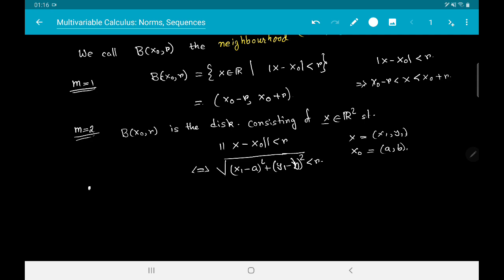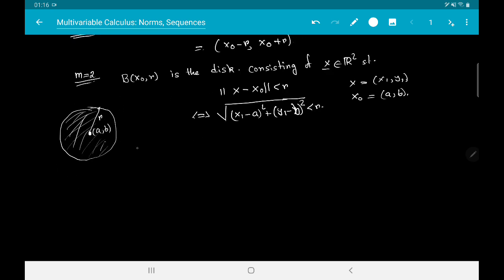So I just have to draw a circle, with this point being (a, b), and this circle is of radius r. All the points which lie inside this circle, not on the boundary of the circle, are in B(x0, r).